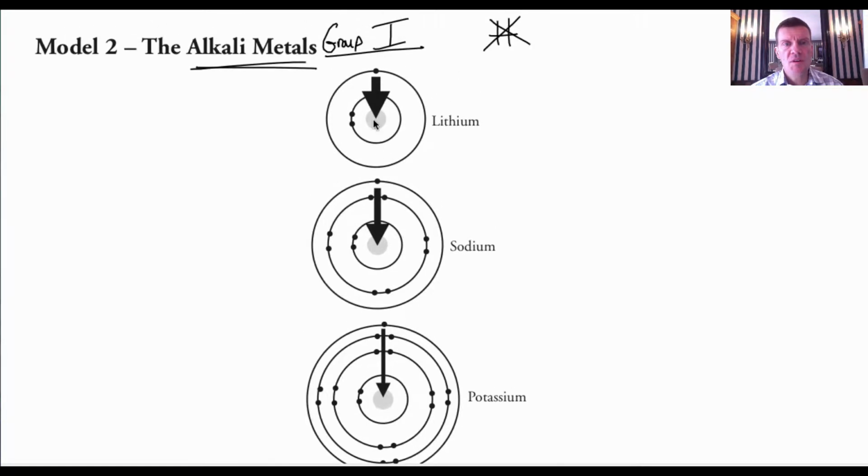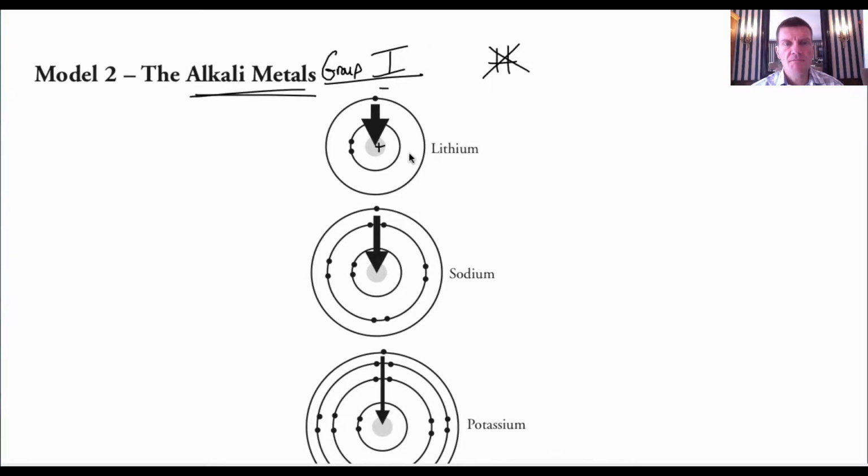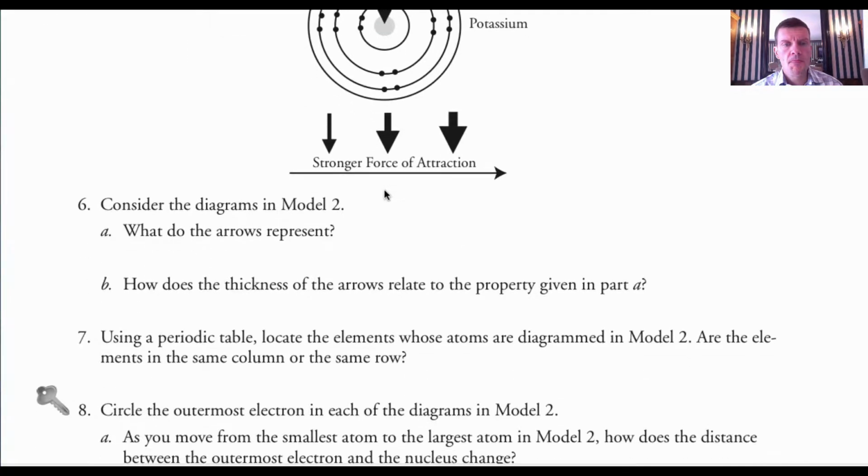The pull is from the protons in the nucleus. So you've got protons in the nucleus, and electrons around it. These arrows indicate that the stronger the force, the thicker and bigger the arrowhead. The arrows represent the force strength.